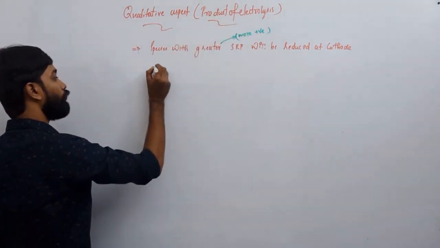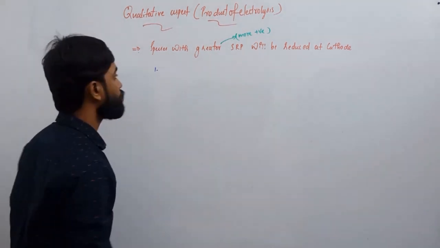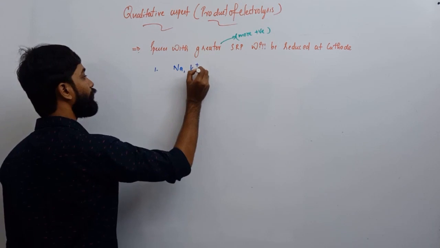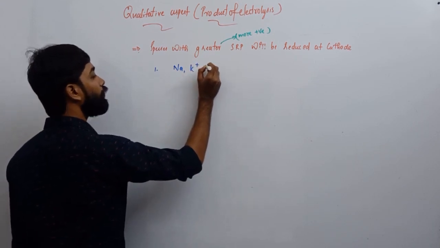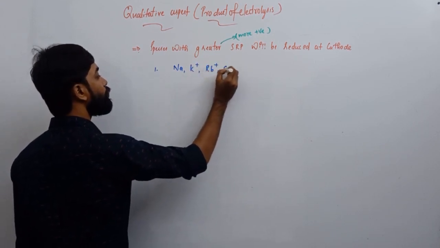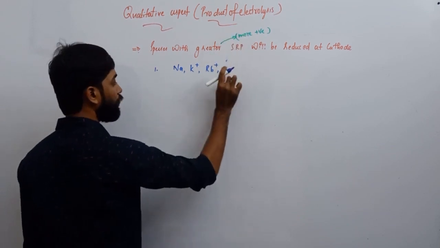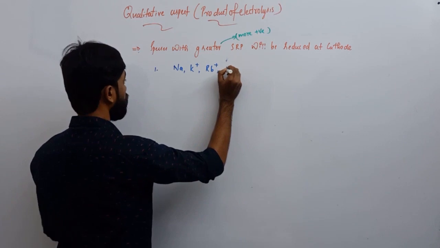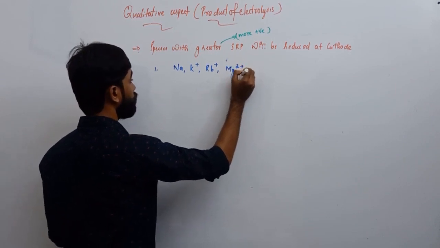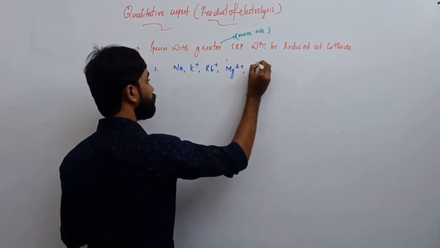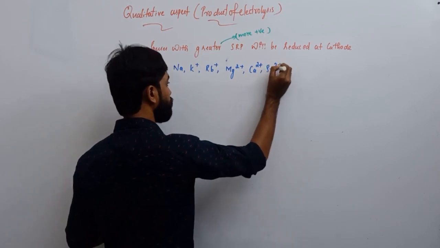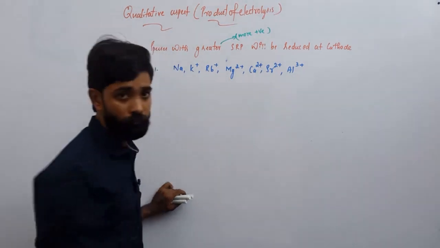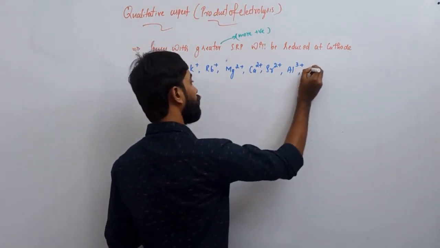So first of all, my first point: Na+, K+, then Rb+, Cs+, like that. And your second group cations, what are they? Mg2+, Ca2+, Sr2+, and from the 13th group, Al3+, and Mn2+.